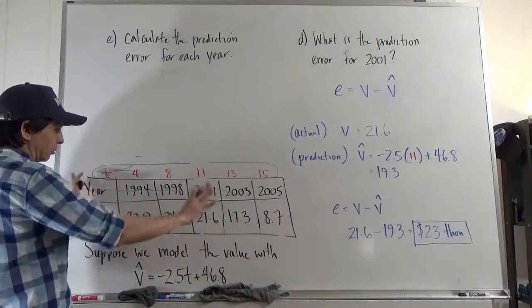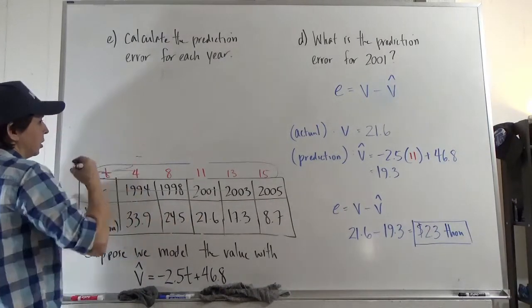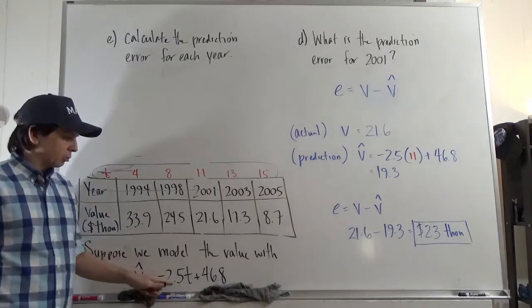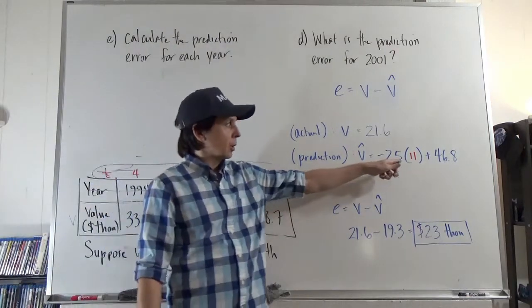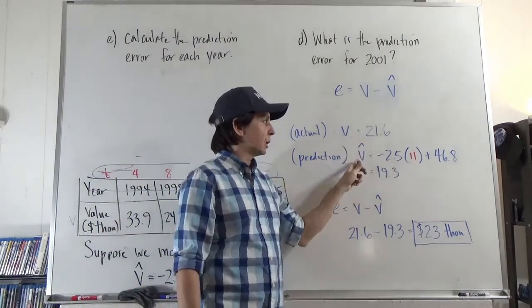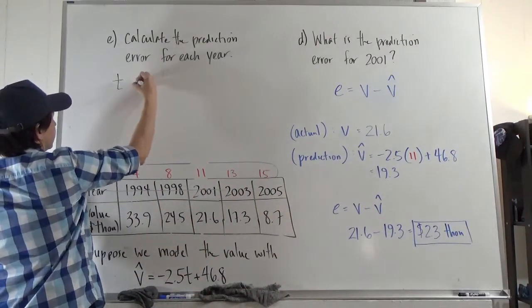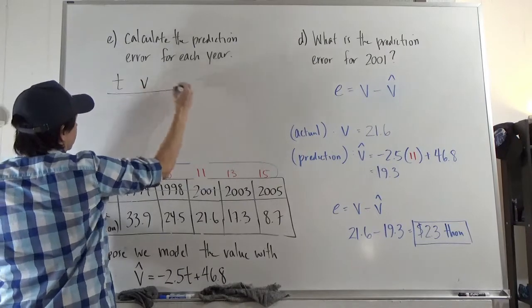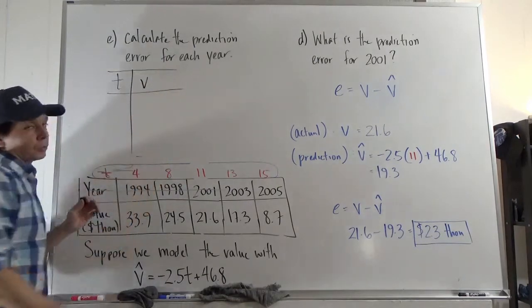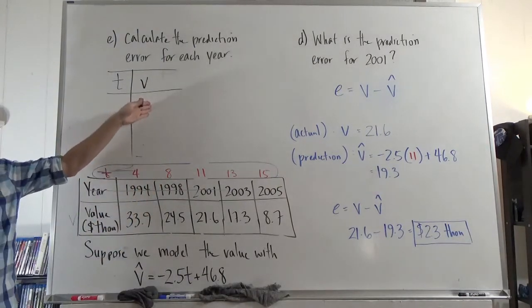I'm going to need this space, but I need to glance at that first. So keep in mind our variables. The key thing is going to be the variables that we need. We need T's, we need V's, we need V hats. We don't need the full year. So we're going to start with T and V. Generically, we would start with X and Y, and then work from there.